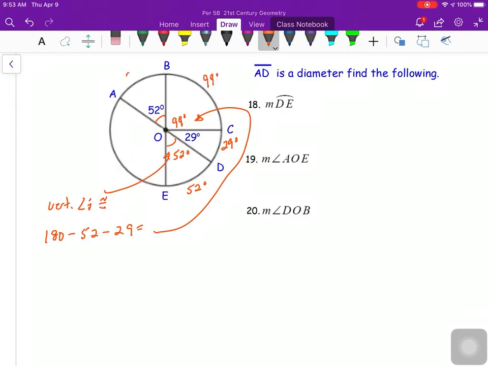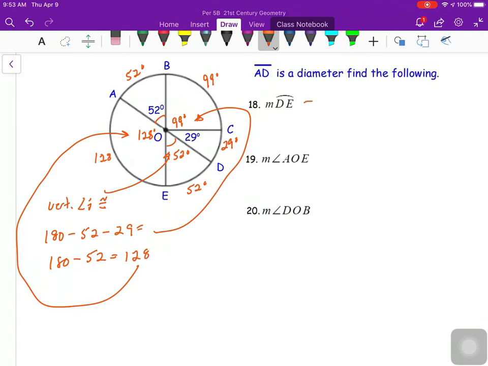I come up with 99 for this one. This would be 99 as well. This would be 52 as well. And if I take 180 minus 52, I get 128. So this is 128. This is 128.